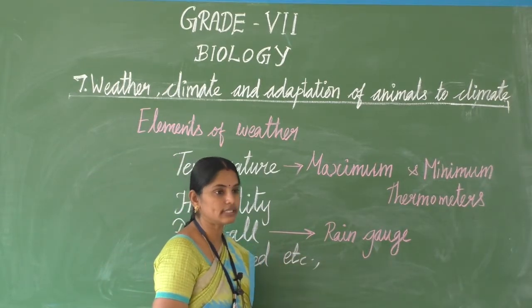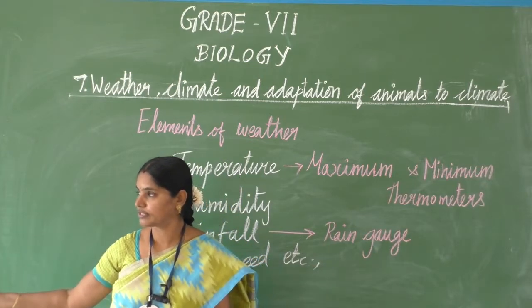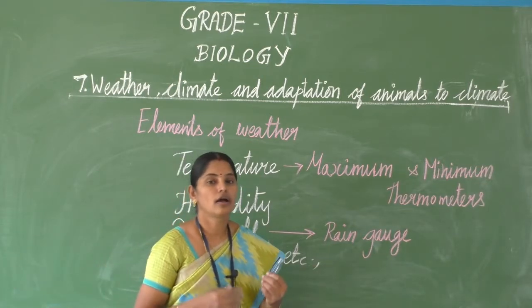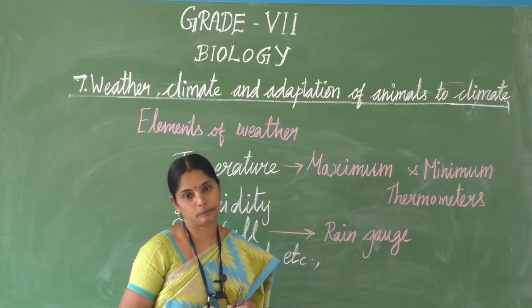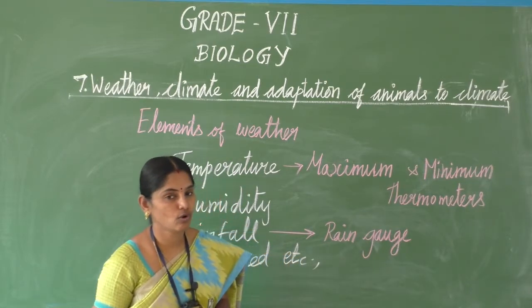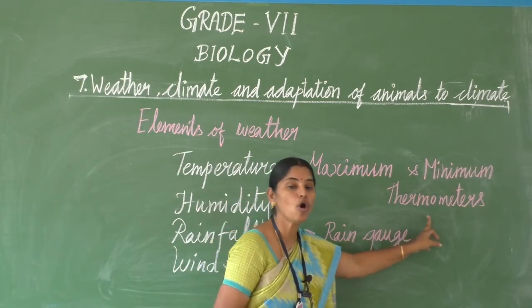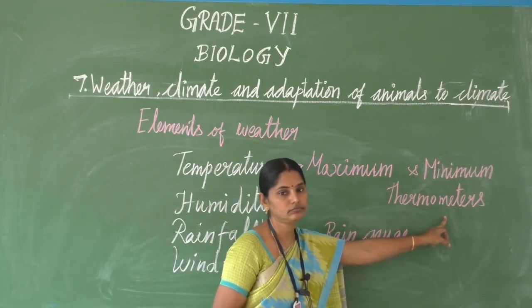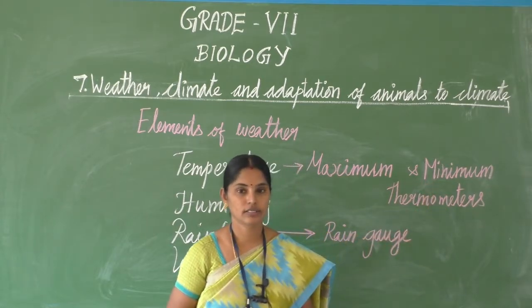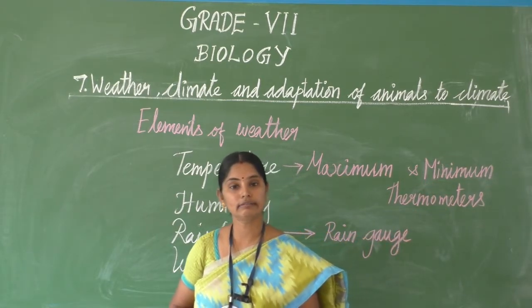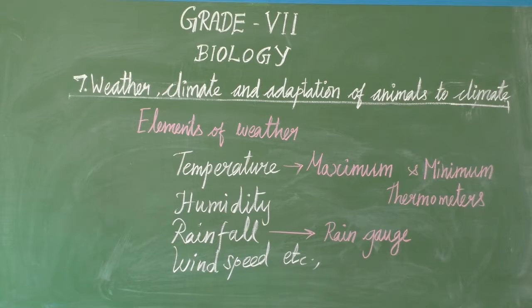For measuring the temperature, if I want to measure today's temperature, I need an instrument called a thermometer. So, the maximum and minimum thermometer. We know the laboratory thermometer, isn't it?